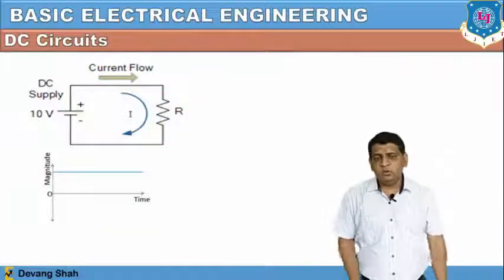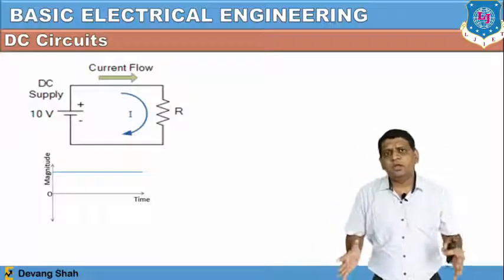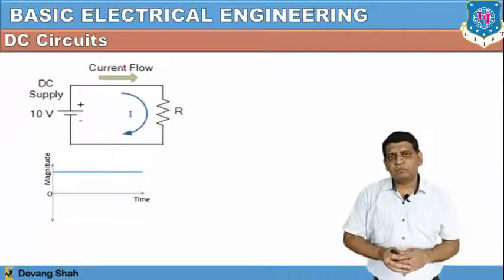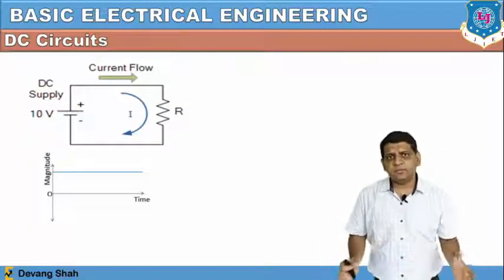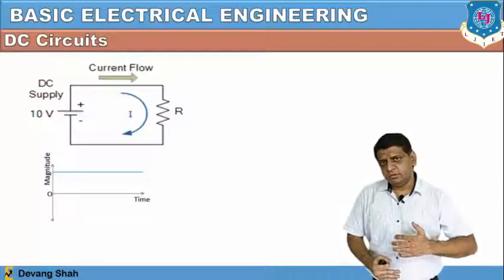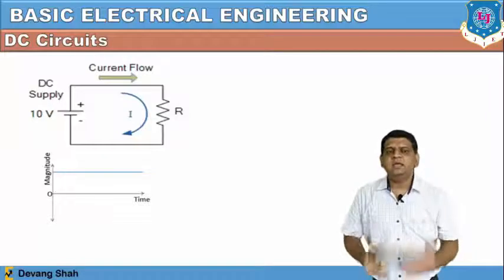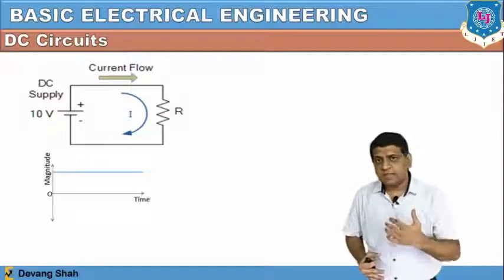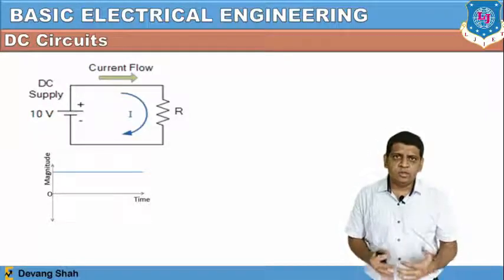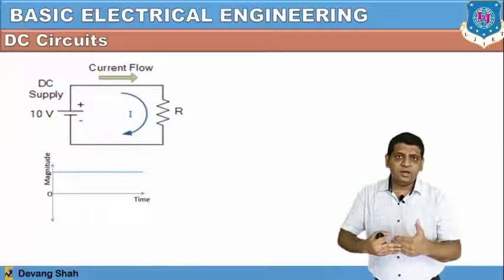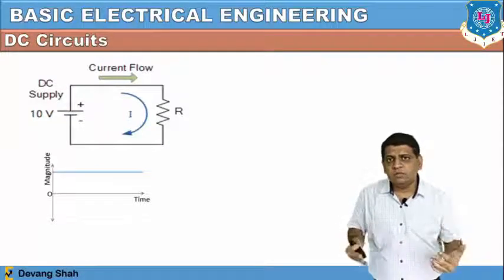Now what we are going to do here is take resistance, inductor, and capacitor as circuit elements in a circuit, and then apply an AC voltage or a DC voltage. In this unit we are learning about the DC circuit.